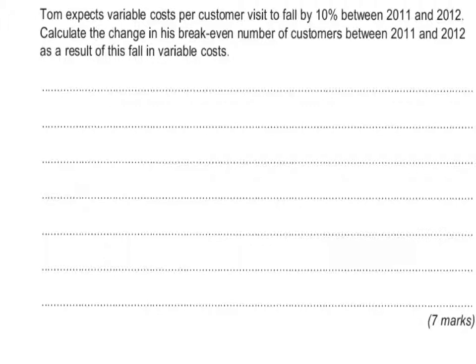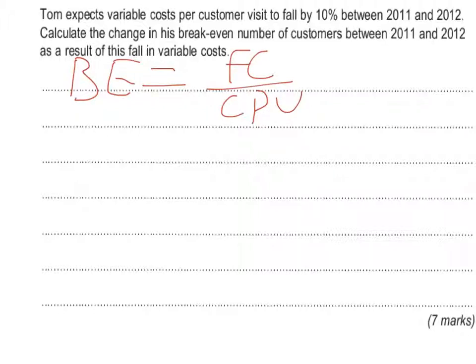Again, show the examiner your understanding of break-even by providing the formula. Break-even equals fixed costs divided by contribution per unit. To work out the contribution per unit for 2011, all we need to do is take the variable cost away from the selling price. So, the variable cost is £5.10, the customer spend is £15.60, so the contribution per unit will equal £10.50.